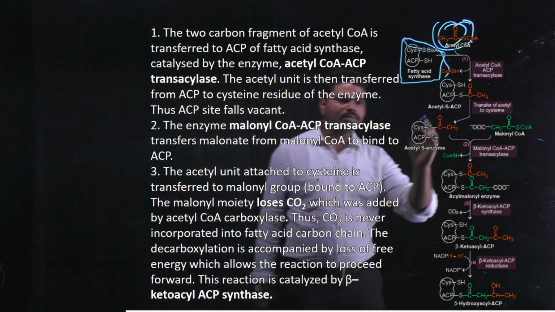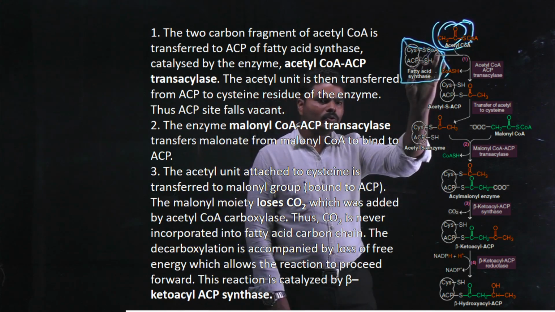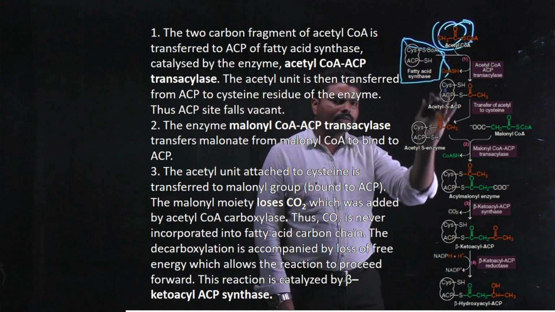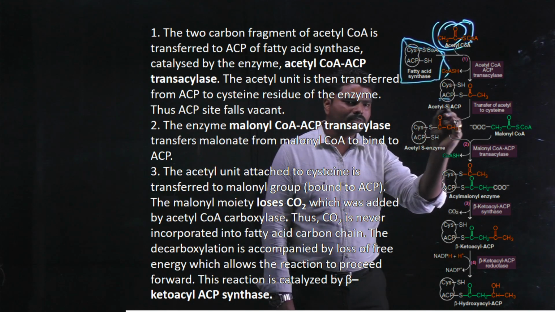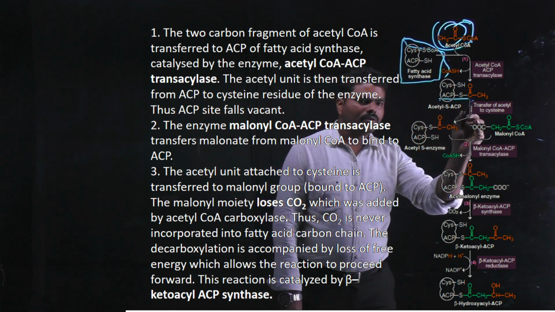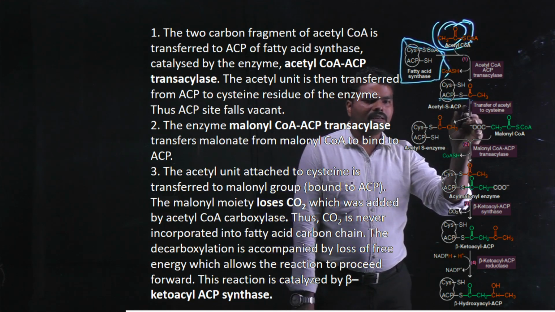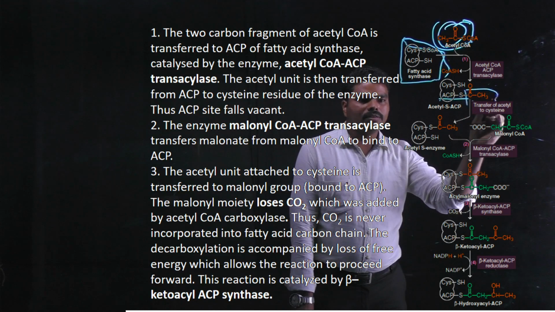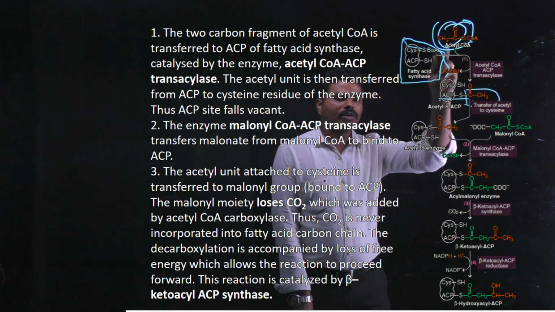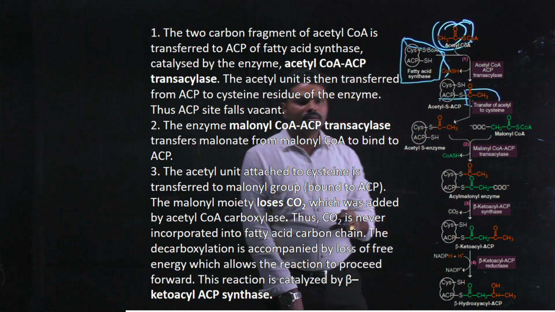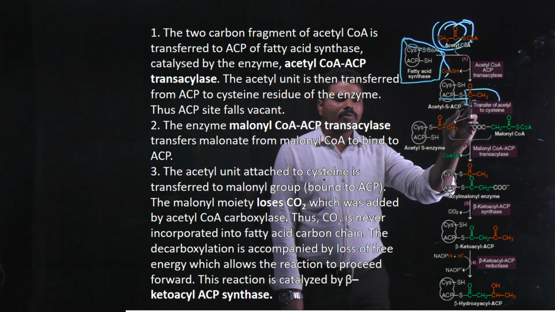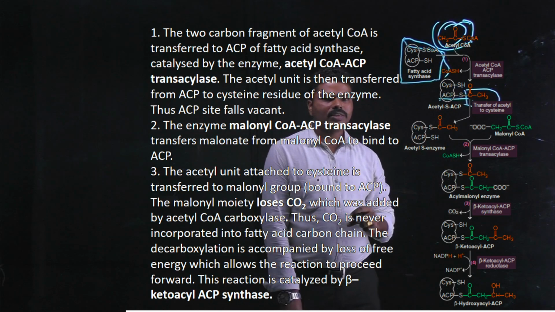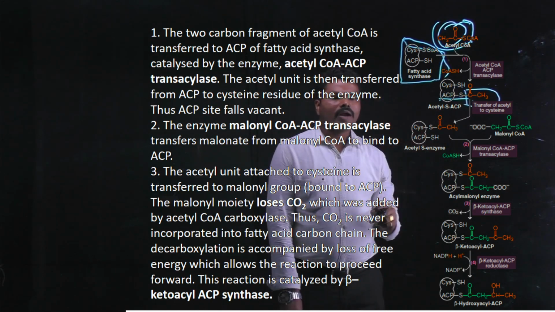So when you see this, first the 2 carbon fragments of acetyl CoA will be transferred to the ACP, that is the acyl carrier protein. To this protein, the 2 carbon fragments are transferred from acetyl CoA. Then these 2 carbon fragments are transferred to the cysteine residue of the fatty acid synthase.